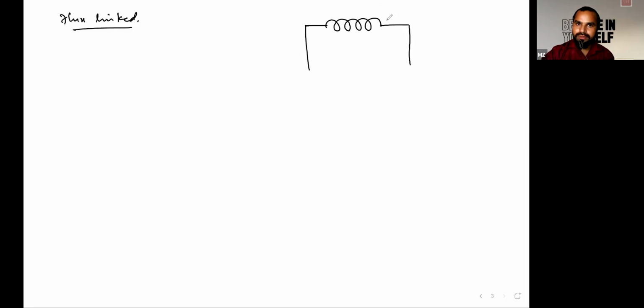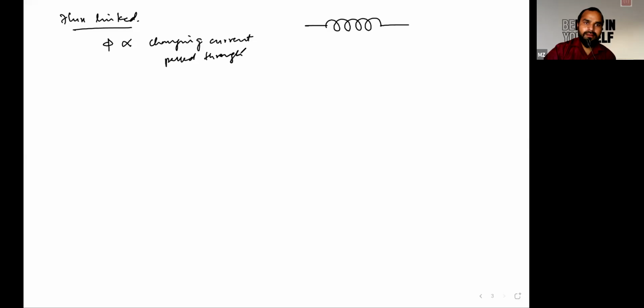The net flux in this coil depends on the amount of variable current passed through it. So the flux linked in this coil is directly proportional to the changing current passed through it. So you can write phi directly proportional to I. If we replace this proportionality constant by a term, it is L into I.